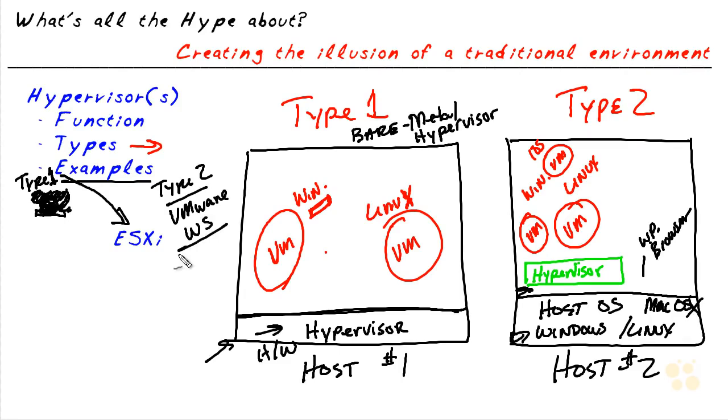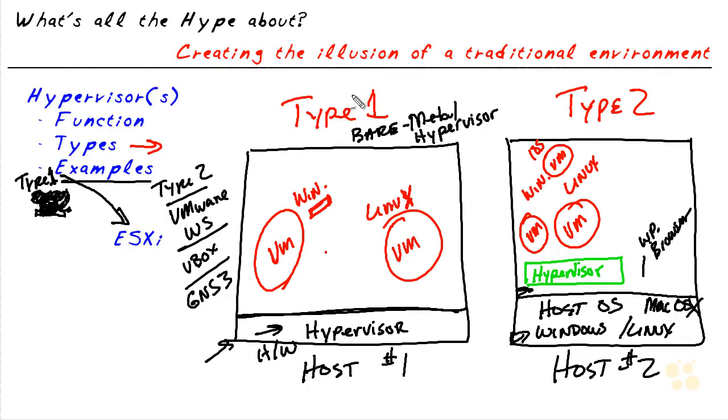Other examples of type 2 hypervisors would include Oracle's VirtualBox, and GNS3 for emulating network environments would also fall into that category, because there's a host operating system, the hypervisor is running as a specialized application, and then within that application we can virtualize devices.